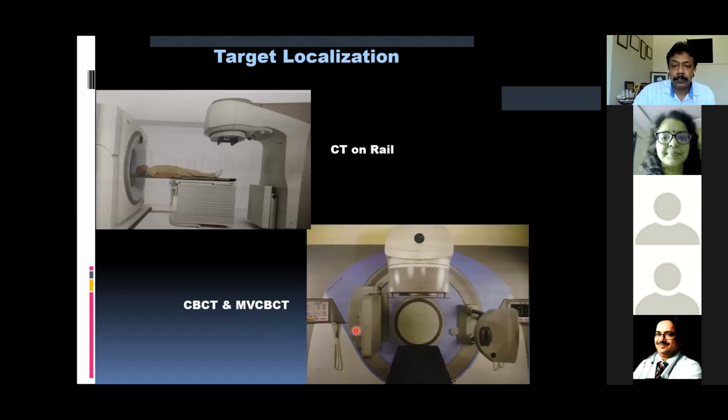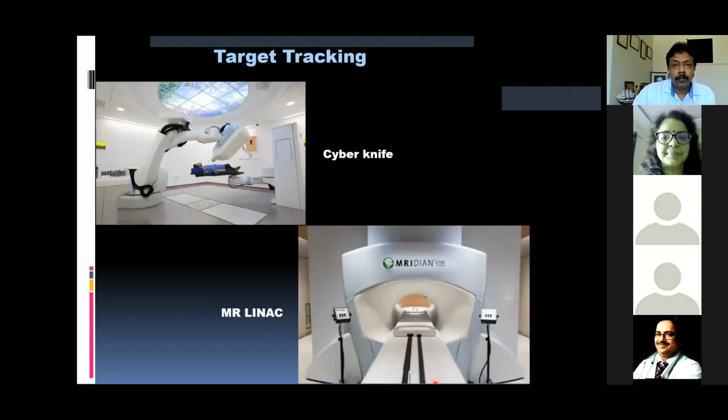This is the X-ray machine, and these are the detectors, and here is the MV or therapeutic head, and on the opposite side we have the detectors to capture the image. For real-time target tracking, this is CyberKnife, and this is MR Linac.